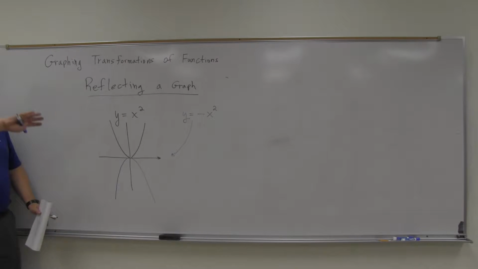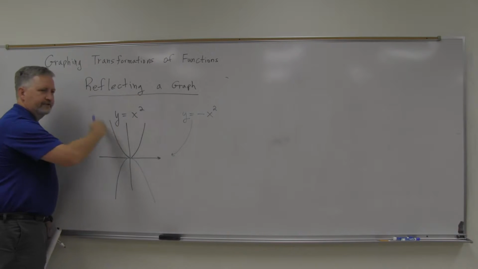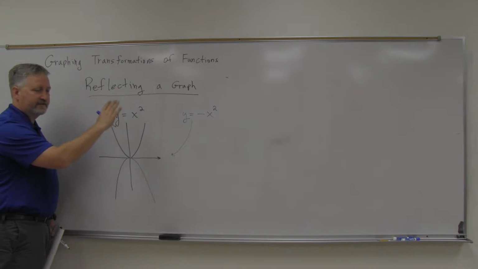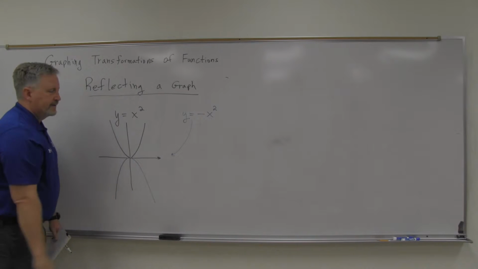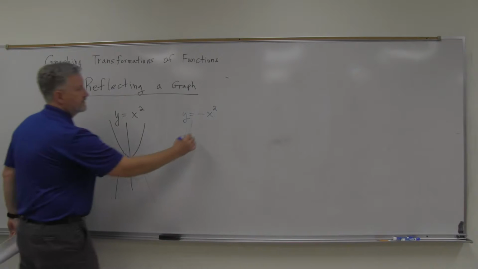It flips the graph over the x-axis and now makes it, instead of an upward parabola, we would call it now downward. Another way to think of it. But in technical terms, what we technically say is that our graph has been reflected through the x-axis.